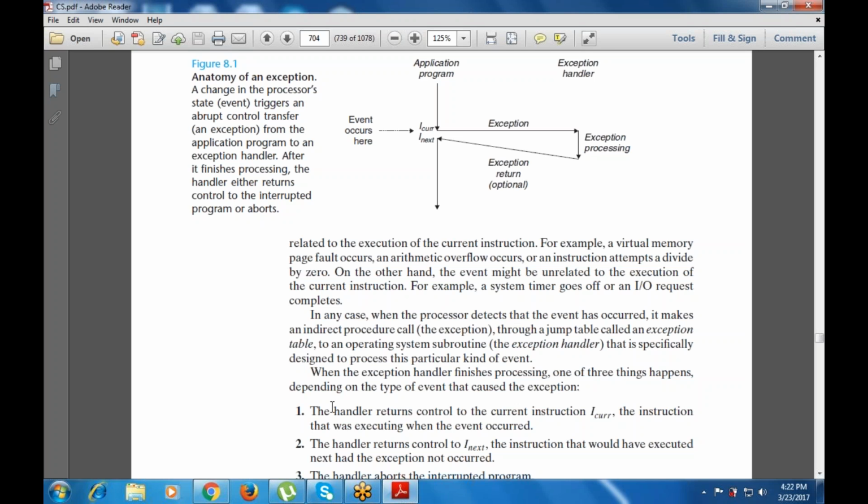Whenever the processor detects that the event has occurred and the handler returns control to the current instruction, the event handler returns to the next instruction, which is executed next.